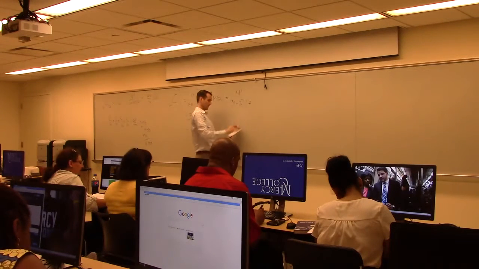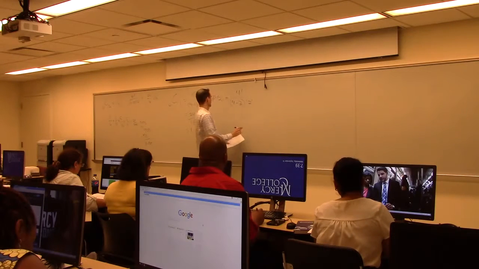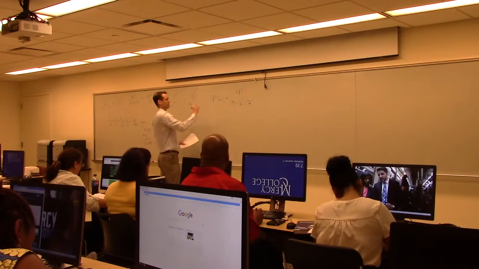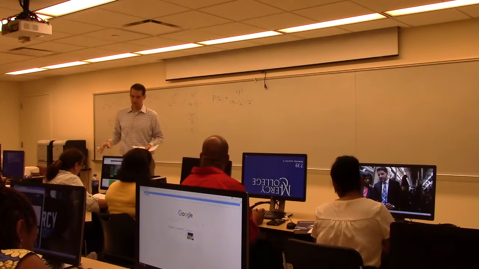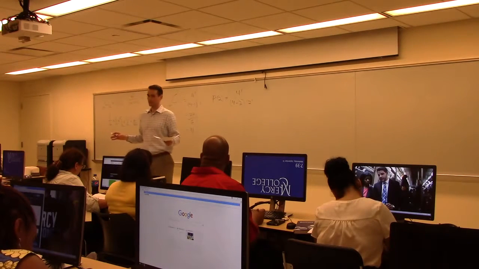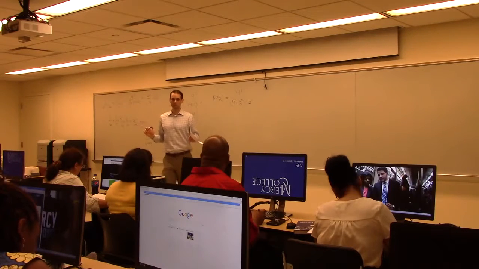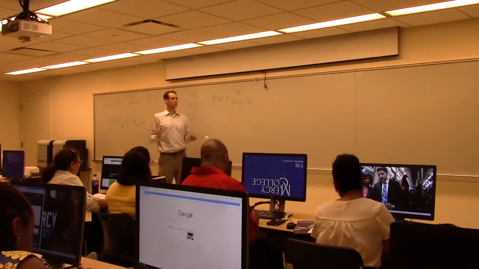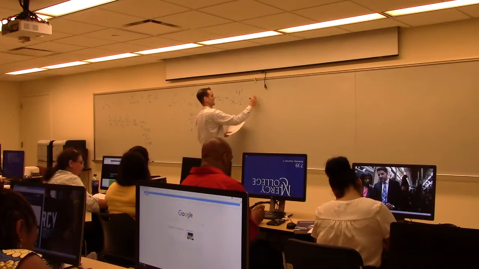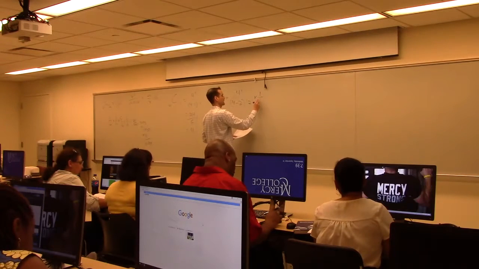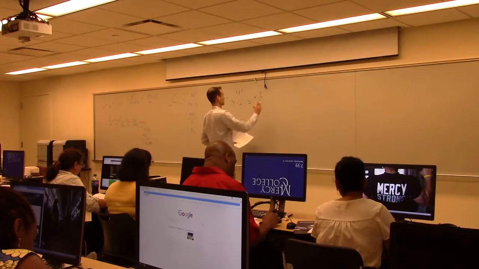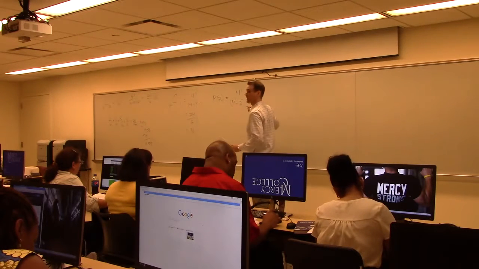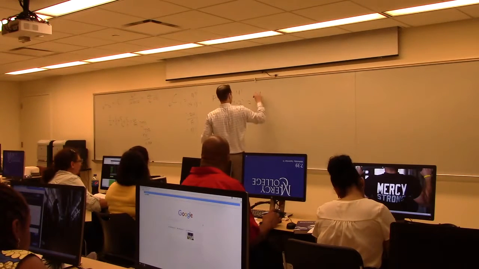Alright, we're not done yet. We need this p to the x. This p is the probability of success. Perhaps I didn't clarify that. And the probability of success in this case is 1/6. So, times 1/6 raised to the what? Second power. That is correct.